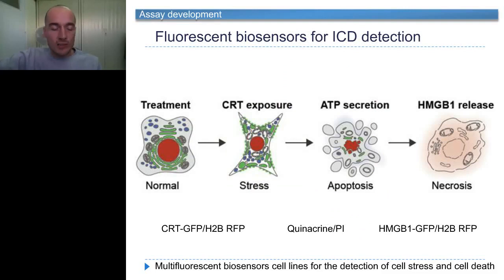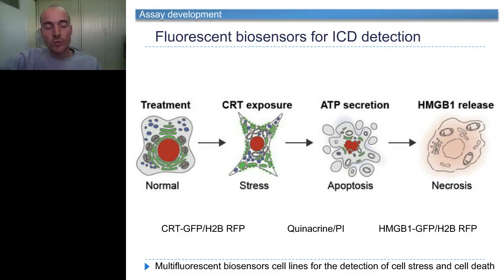As this anti-cancer vaccination model, which I presented in the first slide, was very time-consuming and also very expensive, and it allowed us only to screen a certain number of anti-cancer agents, we switched our strategy towards a fluorescent biosensor detection, which allowed us to enormously scale up the throughput in our system, and which allowed us to screen compound libraries to detect hallmarks of immunogenic cell death.